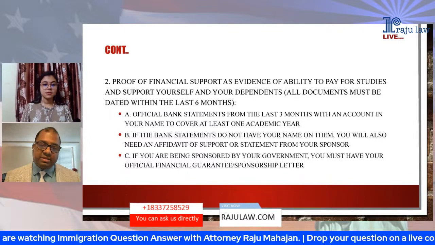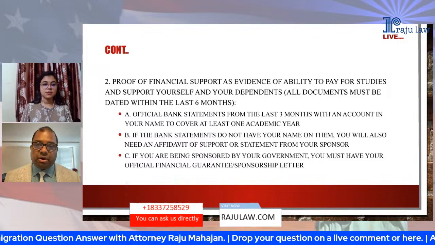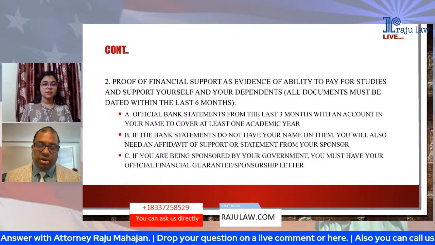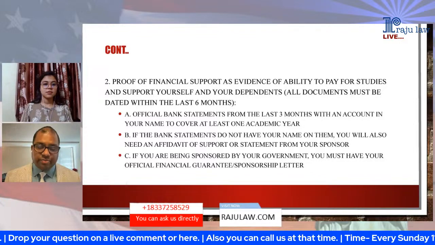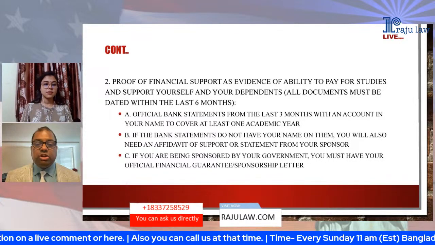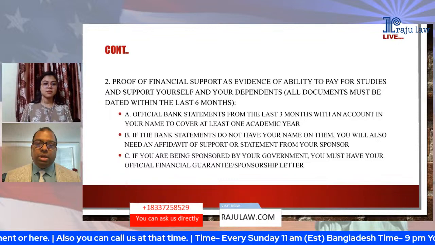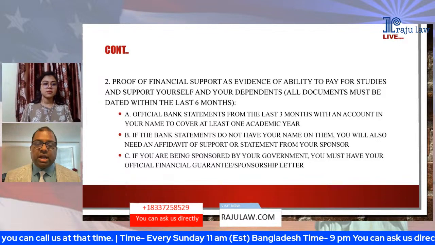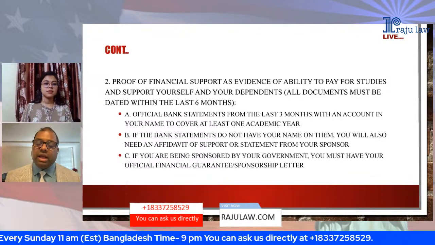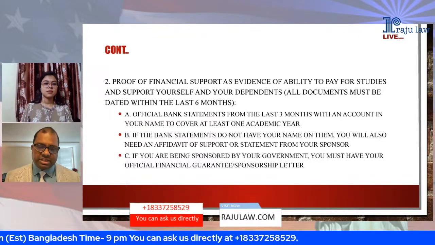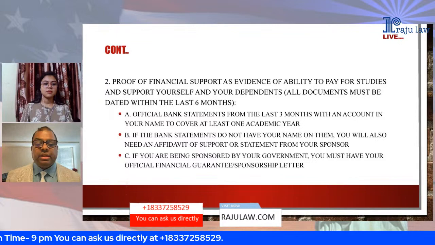He or she has enough money, so he or she can fill up a form called I-134, and that person can sponsor you. That person needs to show that he or she has the equivalent of your 1 year tuition and 1 year living expense in his or her bank account. And they must also submit 3 months bank statement with your application. Next slide, please.